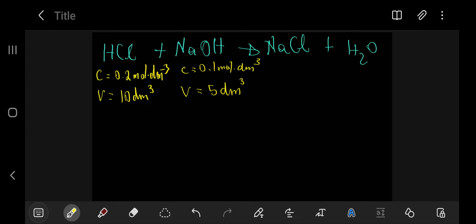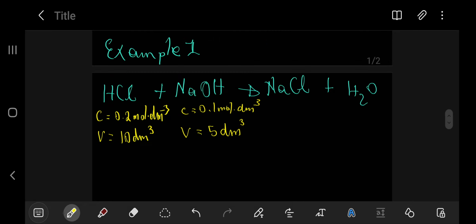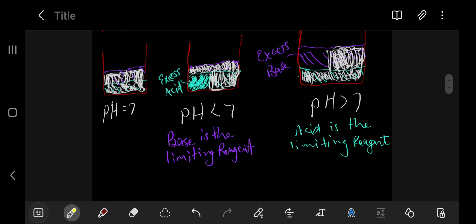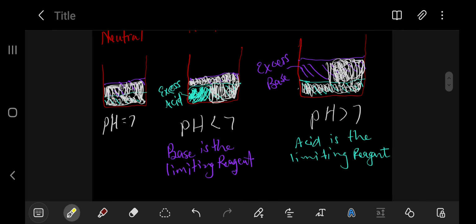All right, so for us to determine whether the resulting solution will be neutral, basic, or acidic, it means we have to determine which substance is the limiting reagent, right? If the base is the limiting reagent, then it means the resulting solution will be acidic.